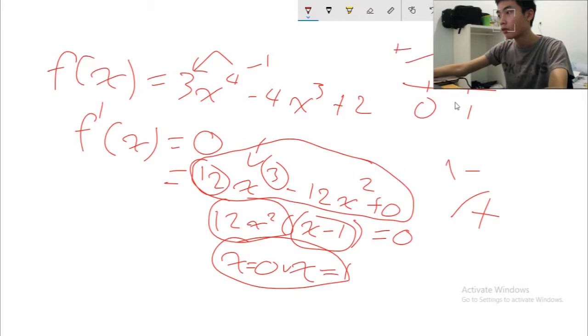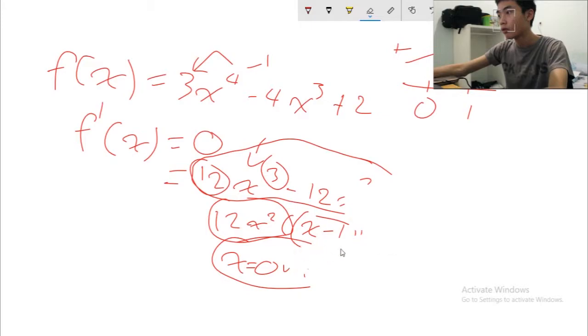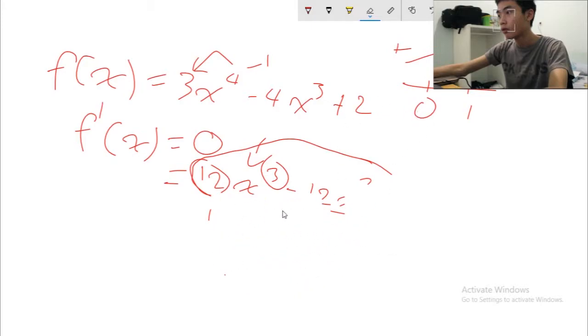Now after we find out which one is the minimum and the maximum point, next is finding out the y coordinates. To do that, we put in the x from before, which is 0 and 1, into the first equation, which is 3x^4 minus 4x^3 plus 2.